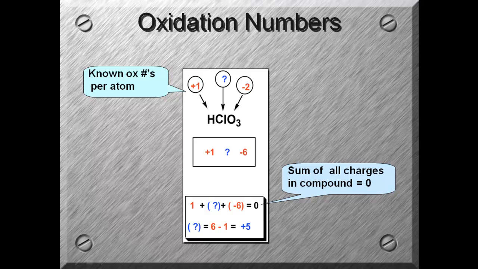So to find the charge for the chlorine, we have a +1 charge, we have a -6. Since this overall charge is neutral or 0, we need to make sure that whatever chlorine is can be added to a +1 to cancel out the -6. So chlorine must be a +5 in order to cancel out the -6 charge from the oxygen.